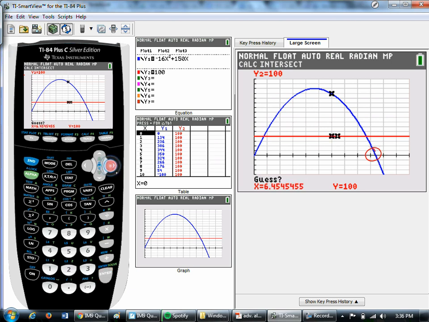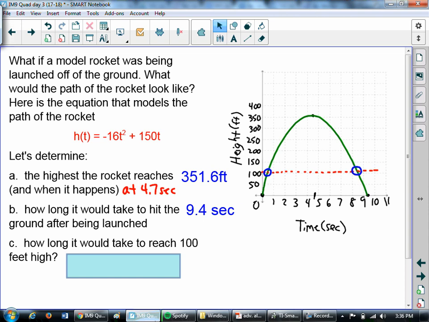I'm going to move to the right here since I'm closer to this one, and then you're just going to repeat the process for the left one. So hit enter again. So we got about 8.7 seconds, we're at about 100 feet. So 8.7 comma 100. Now you're going to have to repeat the process again to find the other one, but you've done this before. So this happens at 0.7 and 8.7 seconds.